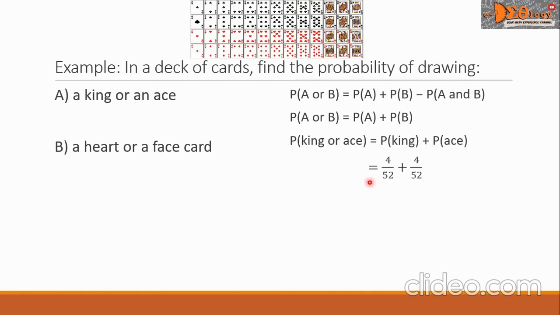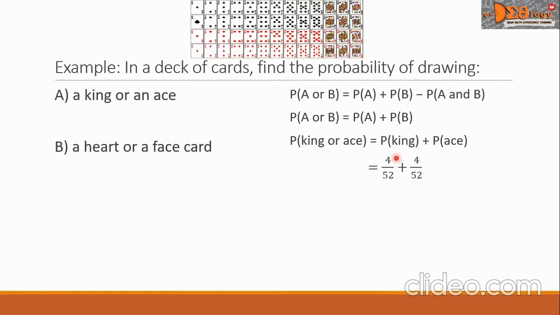So we write 4 over 52 for the P of king. We know there are 4 king cards in a deck of cards. Plus the P of ace, we write also 4 over 52. There are 4 aces in a deck of cards. And then, when we simplify, we can see that the denominators are the same.